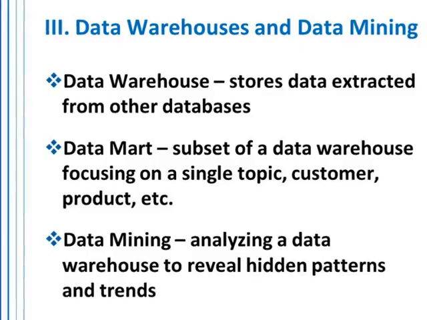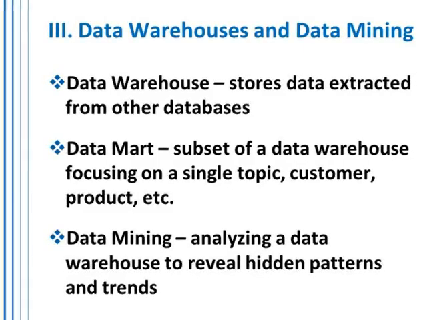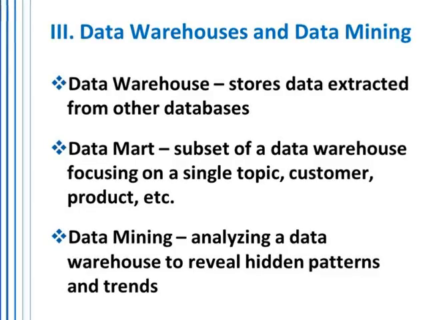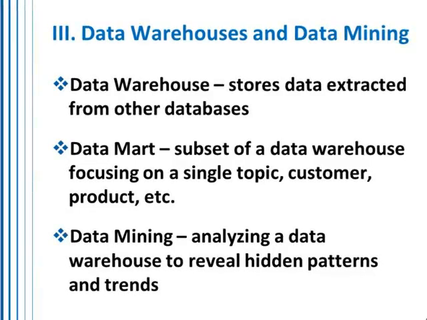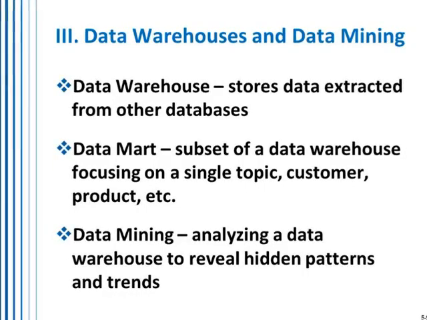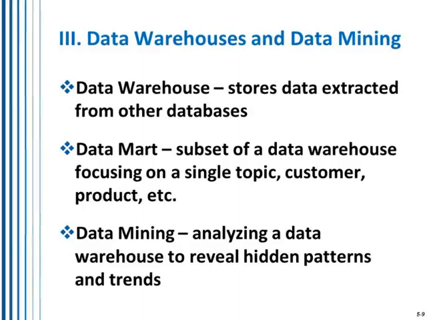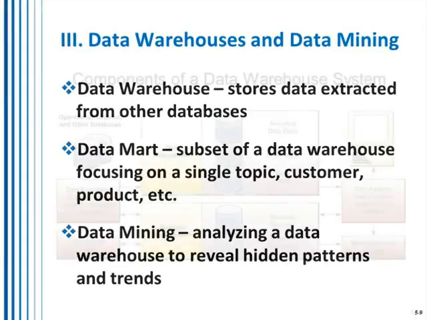For example, a data mart may be customers, a data mart might be products, a data mart may be sales. To extract data out of the data warehouse and the data marts, we use techniques called data mining. This allows us to reveal hidden patterns and trends that is not otherwise obvious.